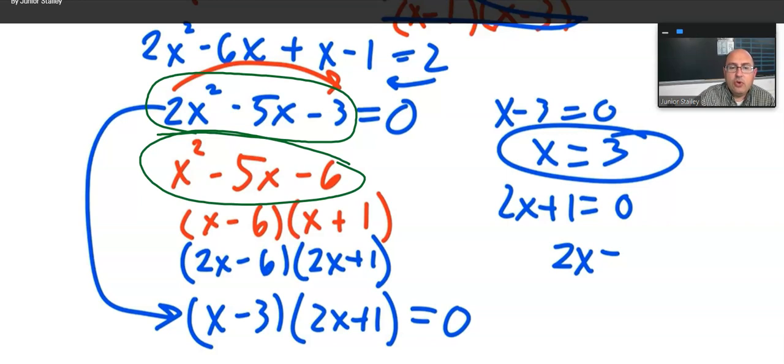And what did they do down here? They actually did a transformation. They did a horizontal shrink on those two values right there, when they replaced the x's.